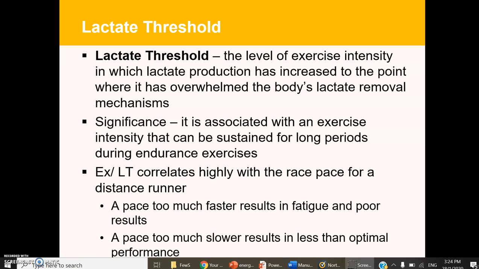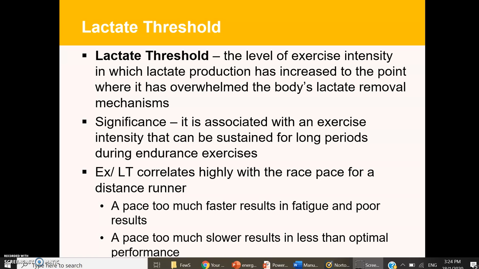So as exercise increases in intensity, there is usually only a little increase in the concentration of lactate in the body initially. Once the intensity reaches a certain level, however, the amount of lactate in the blood begins to increase dramatically. This point of sudden increase we call the lactate threshold. I will show you the figure after this.